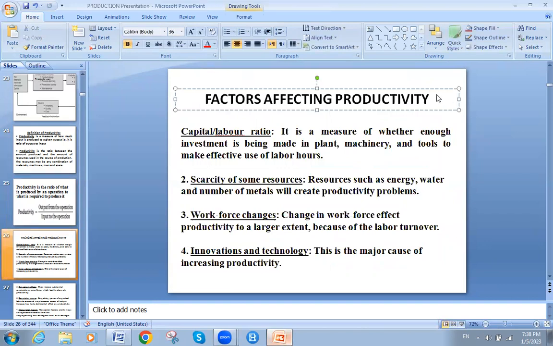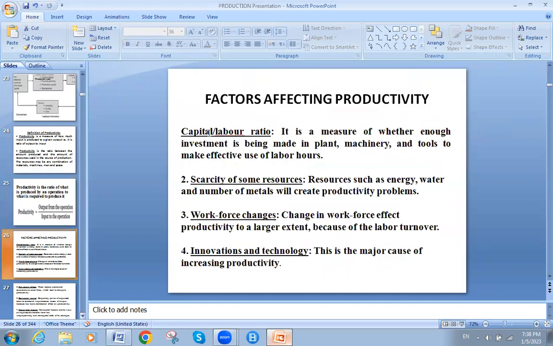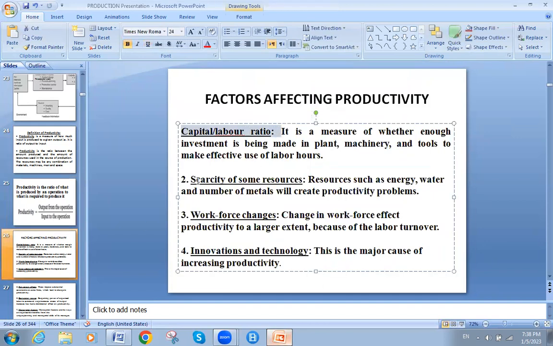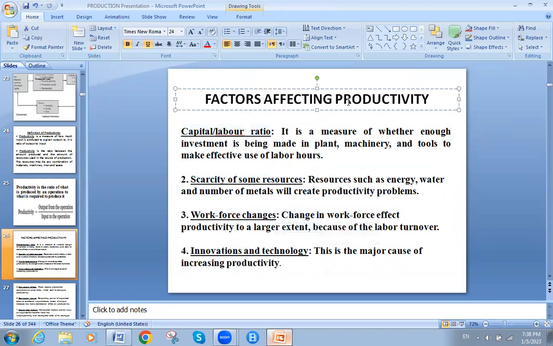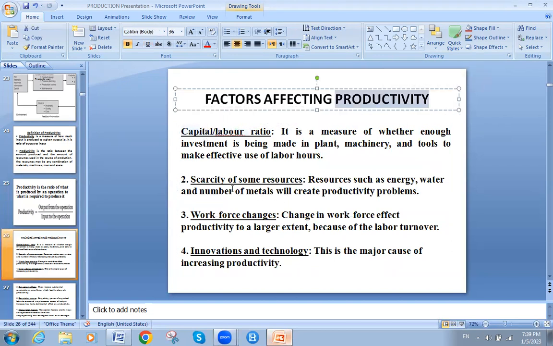We have many types of productivity, like the labor ratio. We have scarcity, workforce changes, innovation and technology. Those are all things that affect productivity. If the capital is small, the productivity will be small.